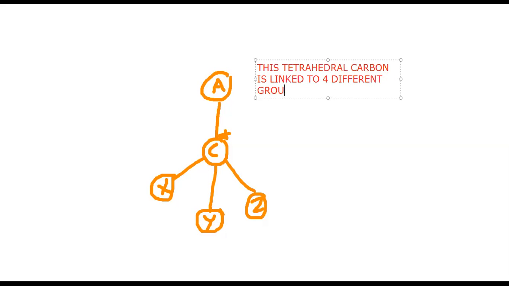So this type of carbon, I will just show you with the star sign, the asterisk sign. Such a type of carbon, this tetrahedral carbon, is linked to 4 different groups in space.